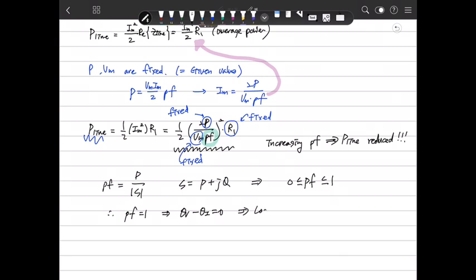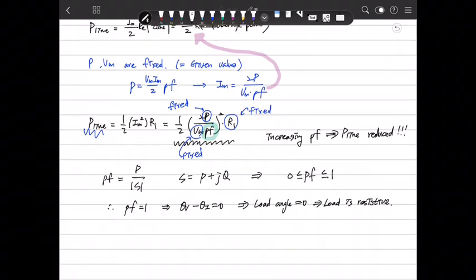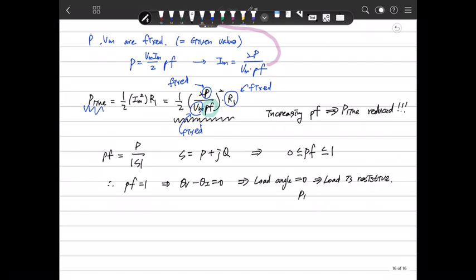The load angle, the impedance angle, is 0. That means the load is resistive. In this case, P line is minimized.